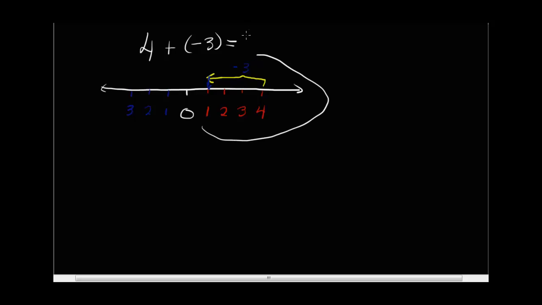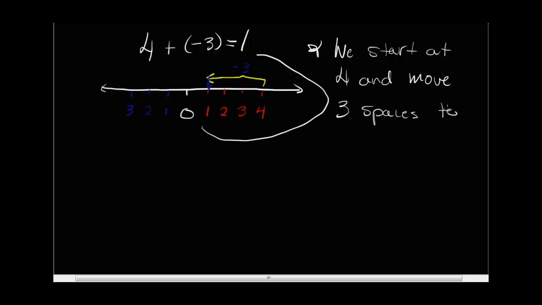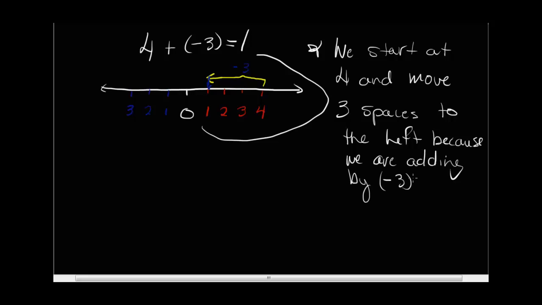In this example, we end at +1, therefore our answer is +1. It's important to note that we start at 4 and we move 3 spaces to the left because we are adding -3, adding by -3.